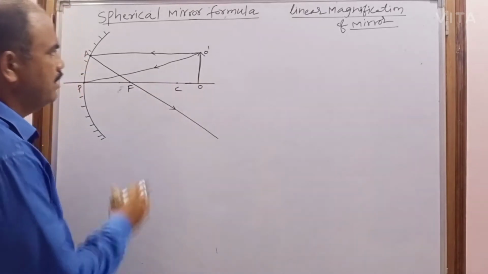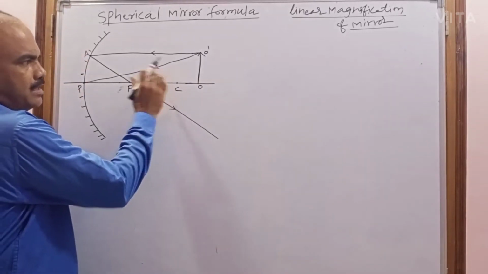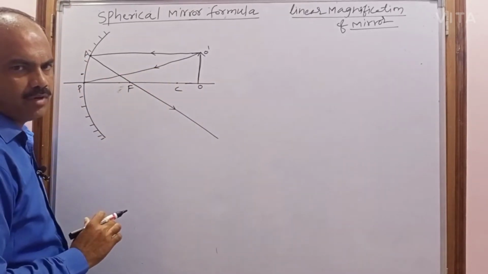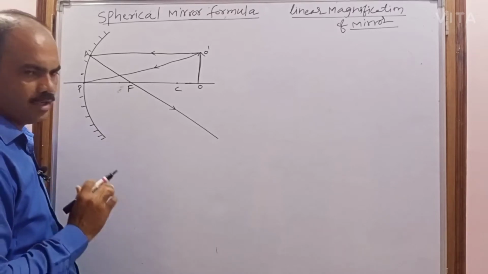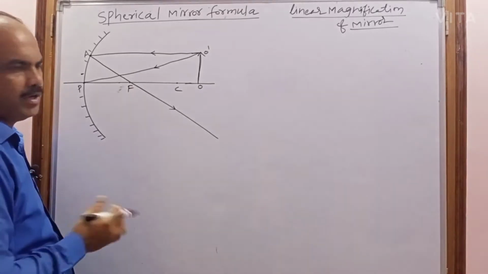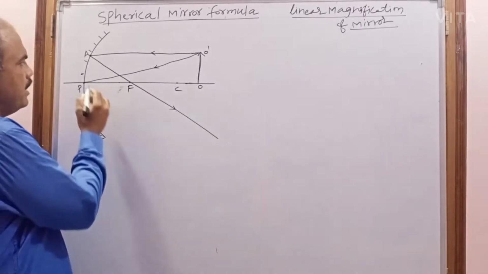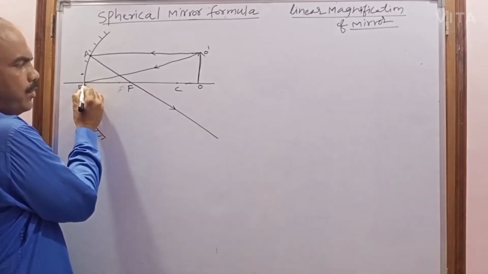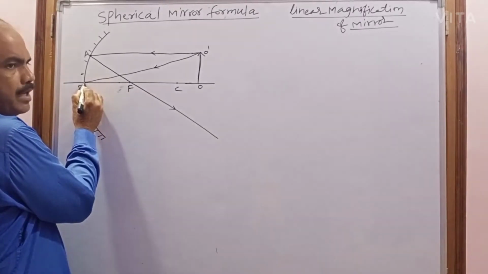To find the reflected ray we need the angle of incidence, so we need the normal, but the normal is already drawn here because we are incidenting the ray at the pole. So the pole becomes the point of incidence.